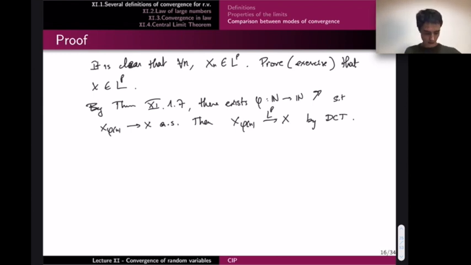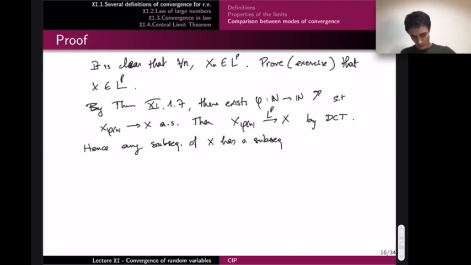So any subsequence of Xn has a further subsequence that converges to X in L^p.